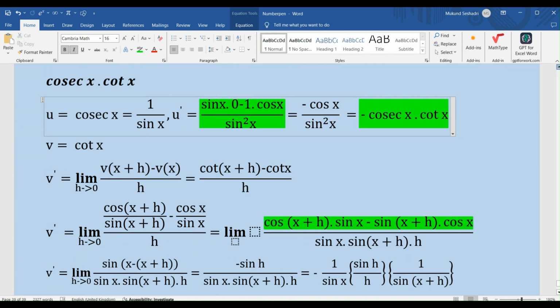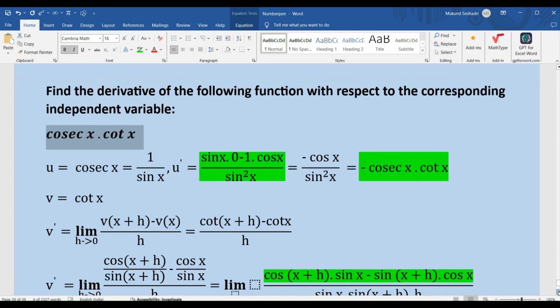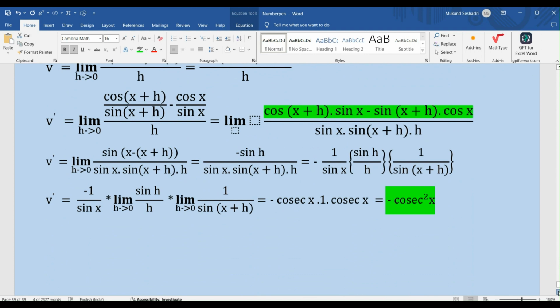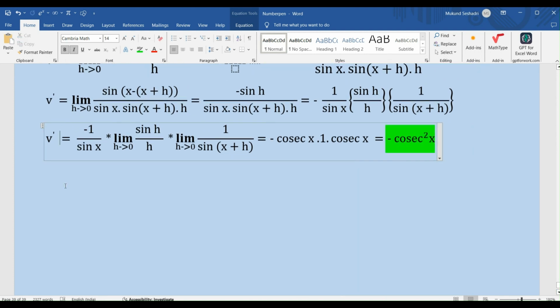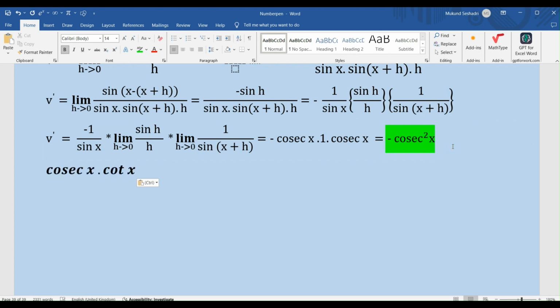Now I'm going to go back and pick up my original function, which is cosecant x cot x, and solve for the function, right? Let's copy this here. So my f of x is cosecant x cot x. So now I know that it's a product of two functions, right?